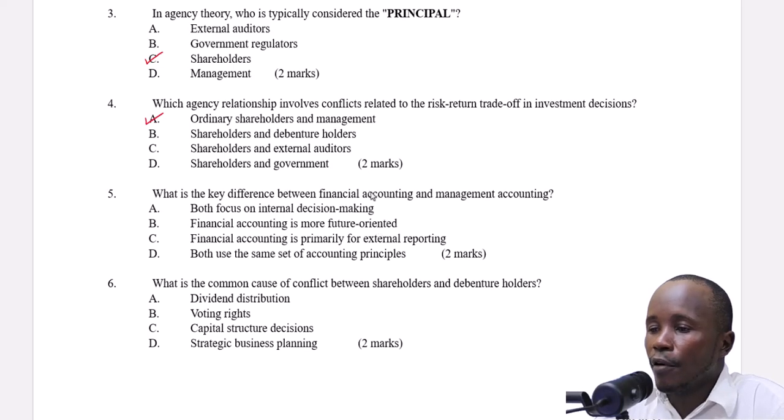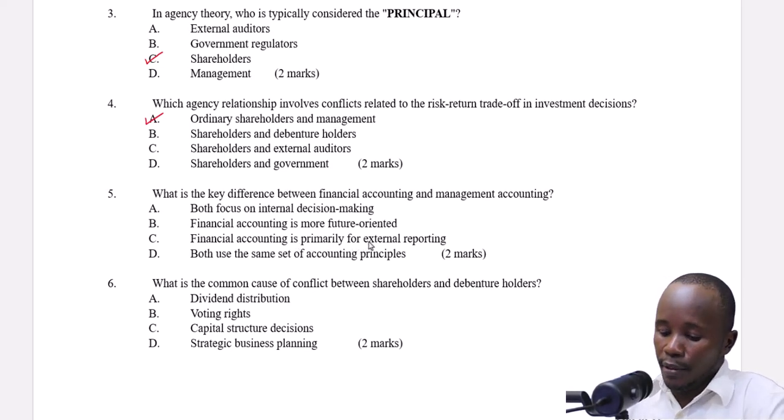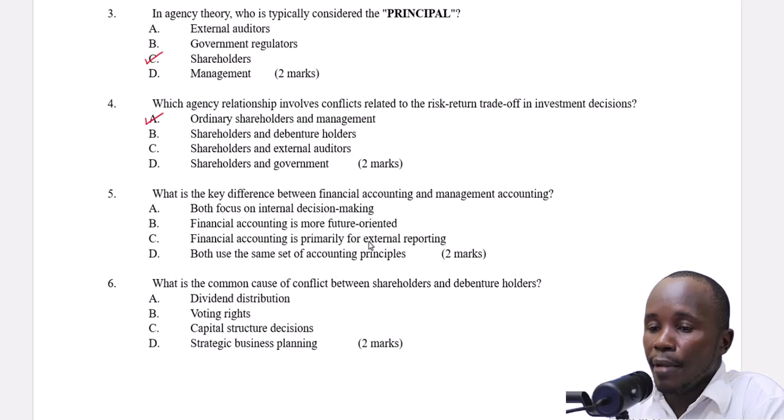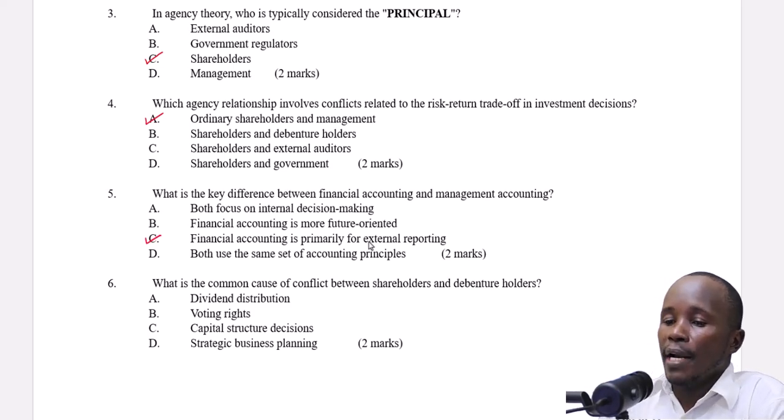For financial accounting, this is where the government, the shareholders, and any other person who is interested to invest in a company will focus more than on management accounting. Therefore, the key difference between these two is that financial accounting is primarily for external reporting. That is the main difference between financial accounting and management accounting.